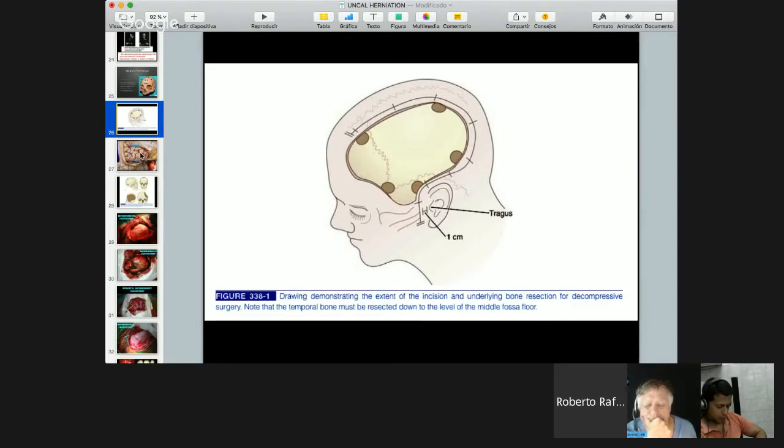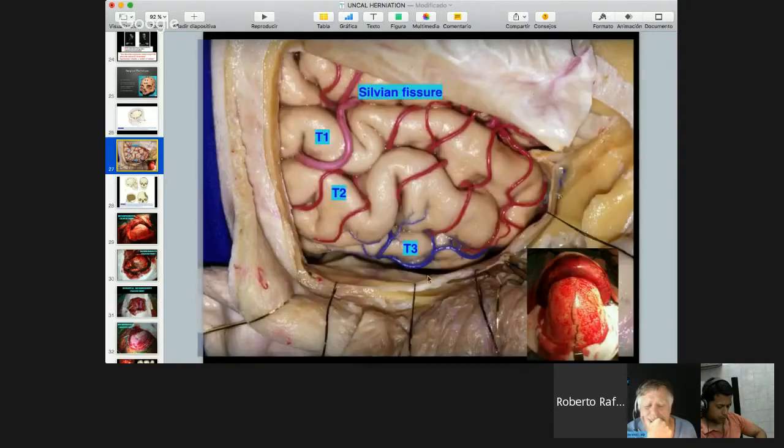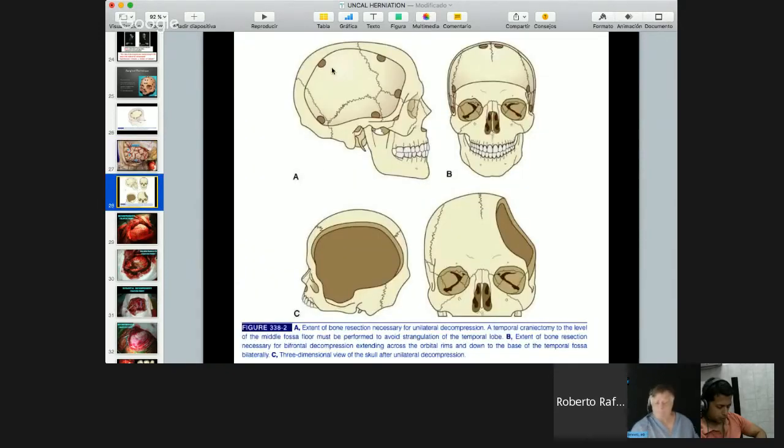It is very important to expose and remove the temporal bone squama, because then we can have the temporal lobe completely free. This is the aspect of the craniectomy we prefer to do, very low here in the temporal area.